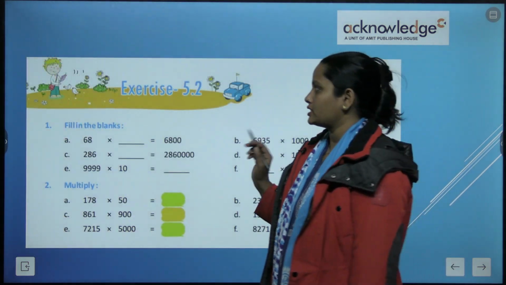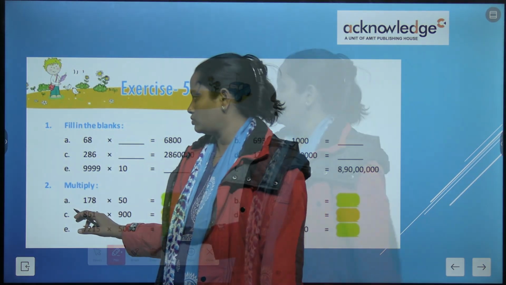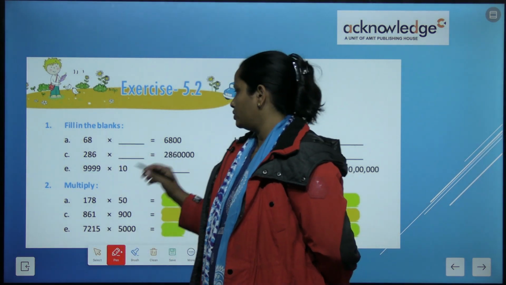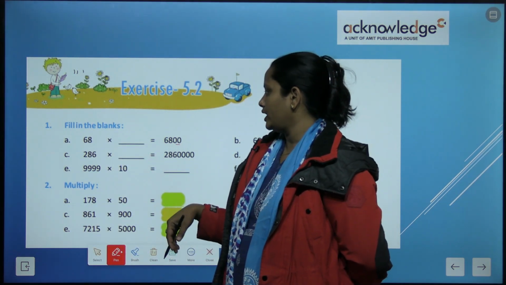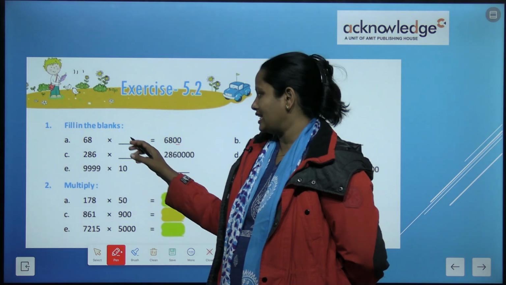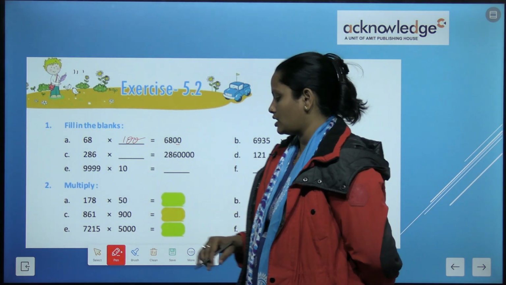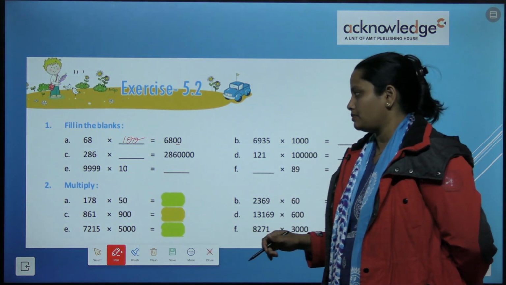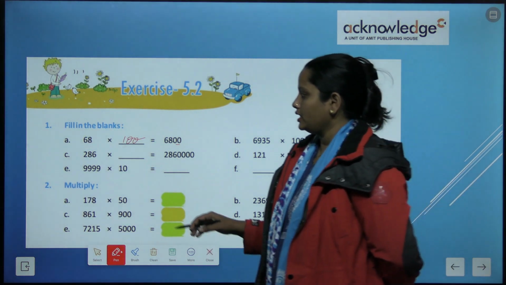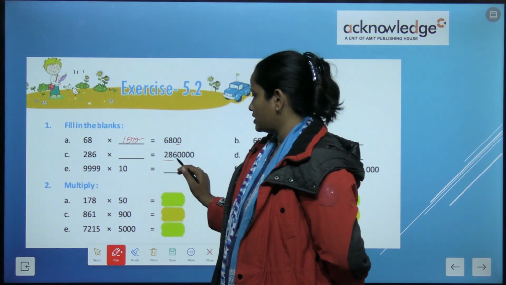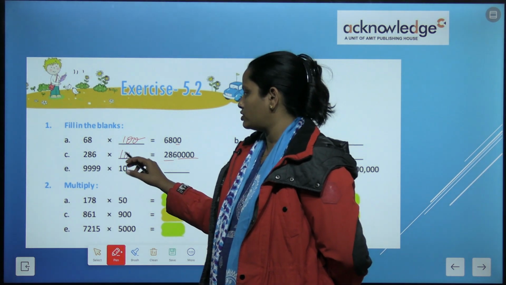Now let's do this exercise 5.2. Here what number to be added to this? अब आप देख लो कितने 0 हैं, 2 0 है, number is the same, तो हम क्या करेंगे, this is the number जिससे हमें इसे मल्टीप्लाई करना है. Similarly 286 कितने 0 हैं, 4 0, तो 4 0 लगा देते हैं.